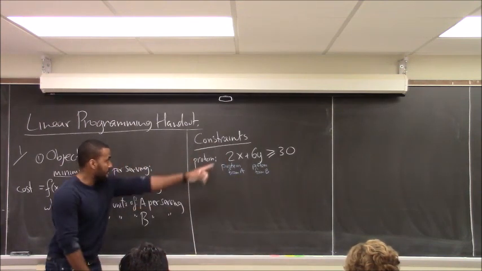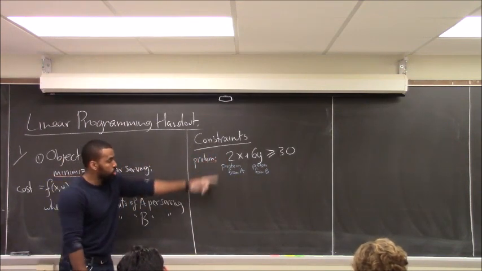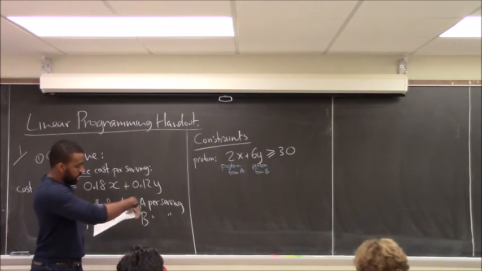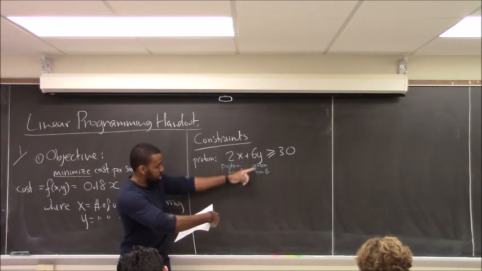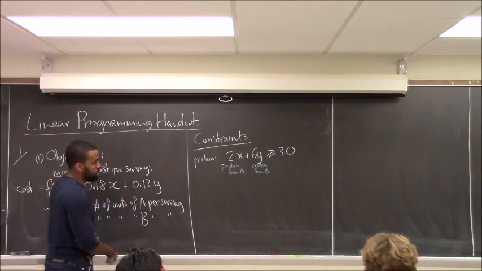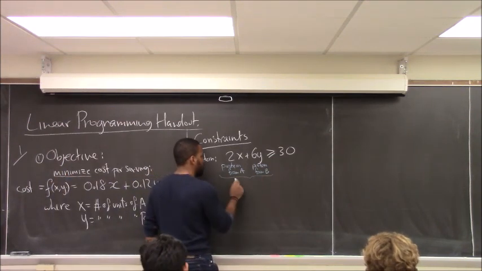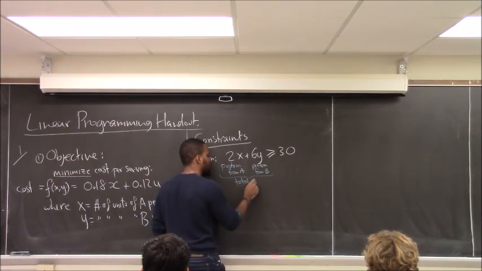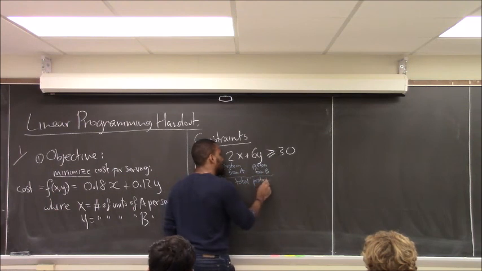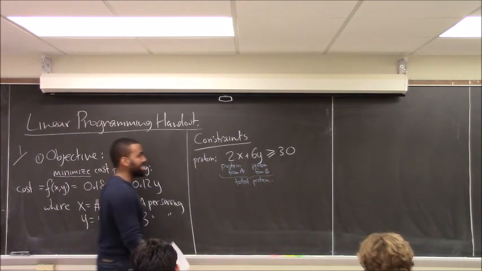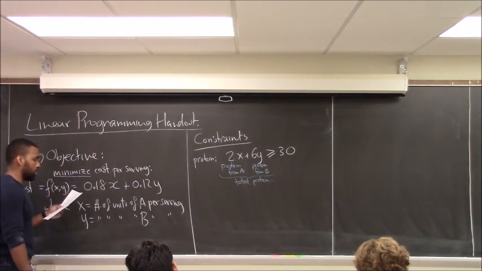Because I know I'm serving x units of A, each unit contains 2 grams of protein. And if I'm serving y units of B, each unit contains 6 grams of protein. So the total amount of protein is going to be that. And I need that to be at least 30, which means greater than or equal to 30.